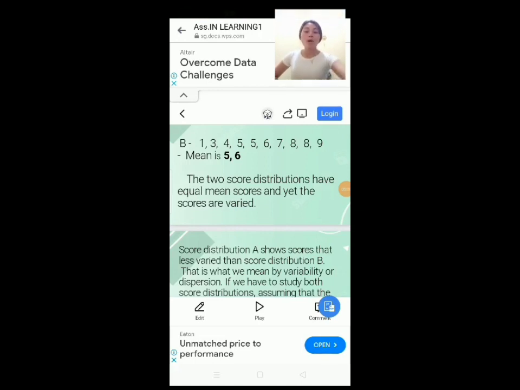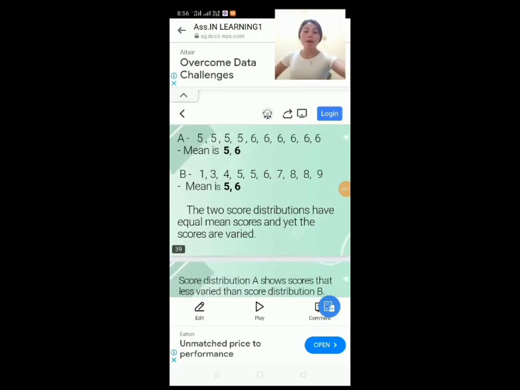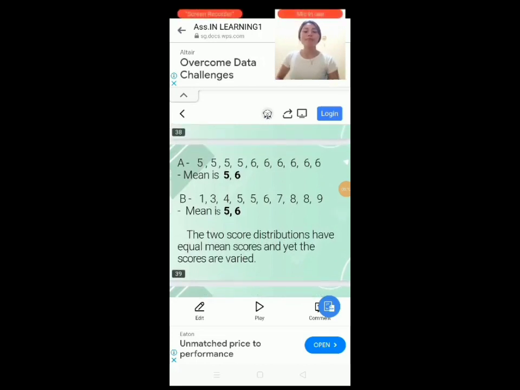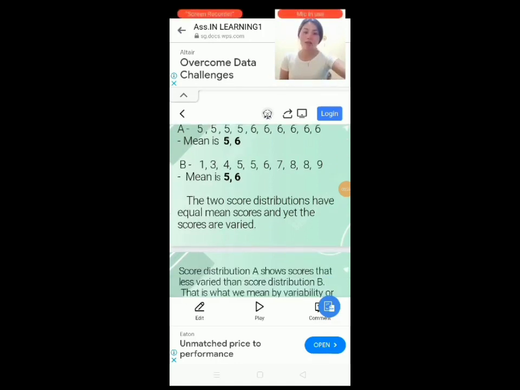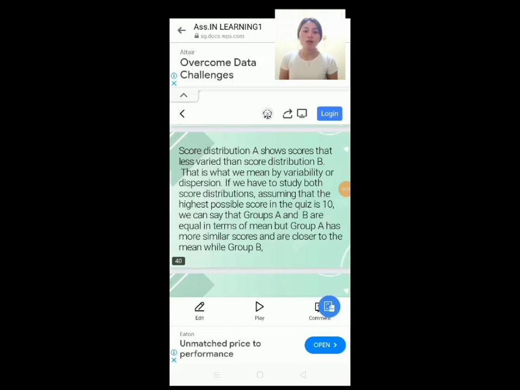The mean scores are the same, but the scores in B are varied because they are spread out. Score distribution A shows scores that vary less than score distribution B. That is what we mean by variability or dispersion.